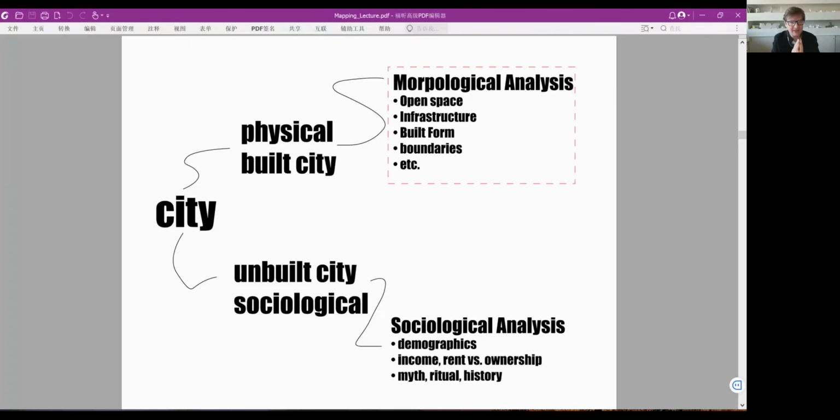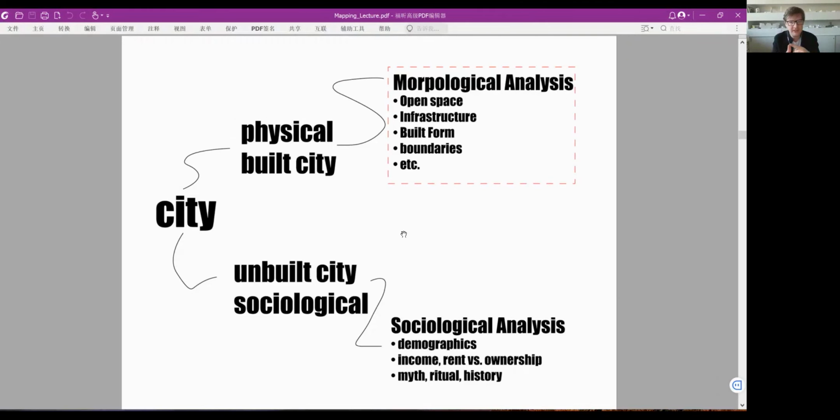We subdivide the city into two parts, the physical, the built city, and the unbuilt city, the sociological city. By the way, guys, of course you can make notes, but you will have all of this material. We will give it to you as well as the references, okay? The physical city, the built city, you will do the morphological analysis.